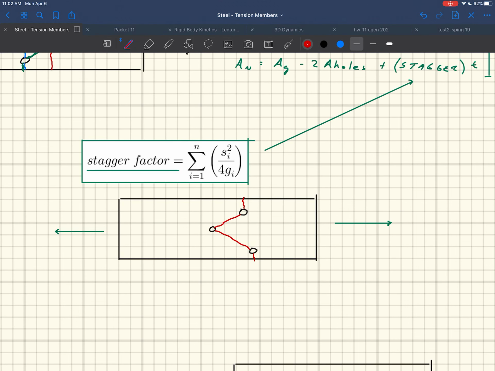So in this particular case, just to illustrate what s_i is, s_1 in this case would be this distance. It's the distance parallel to the load.